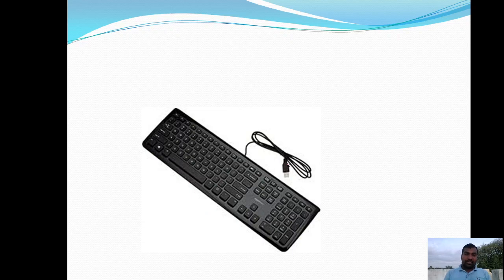So this is the layout or diagram of a keyboard. These are the number keys, the number keypad is here, and these are the special keys. These are the navigation keys, and these are the numeric keys and alphabet keys, and these are the number keys, and these are the function keys.